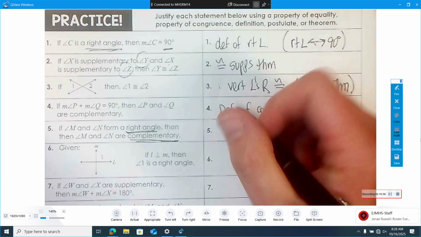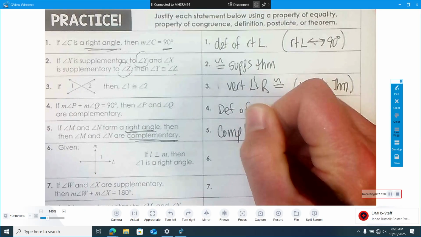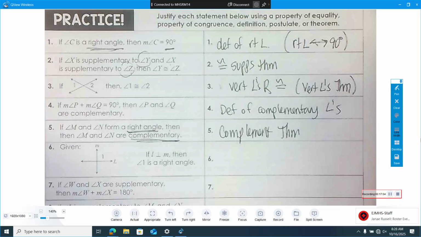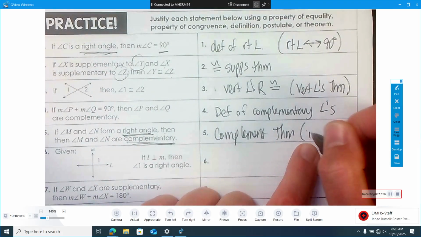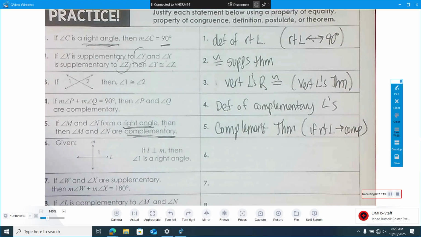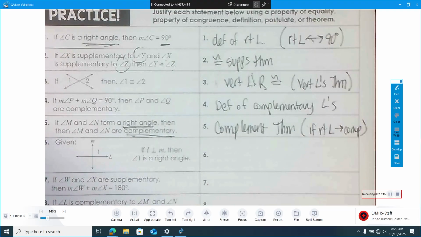The complement theorem, yeah. So we're using those things from before. That is the complement theorem, which I really just like to write as: if right angle, then complementary. I prefer writing it out as opposed to just writing complement theorem.